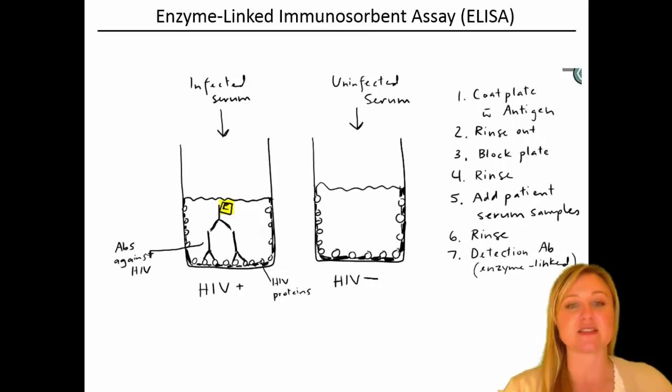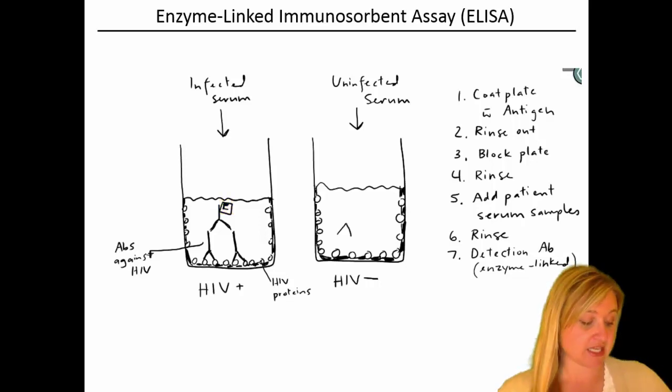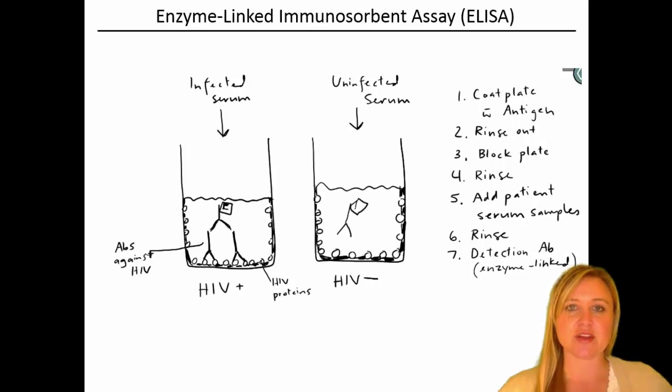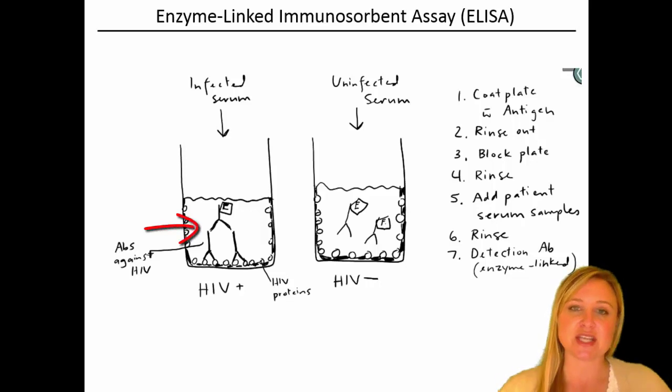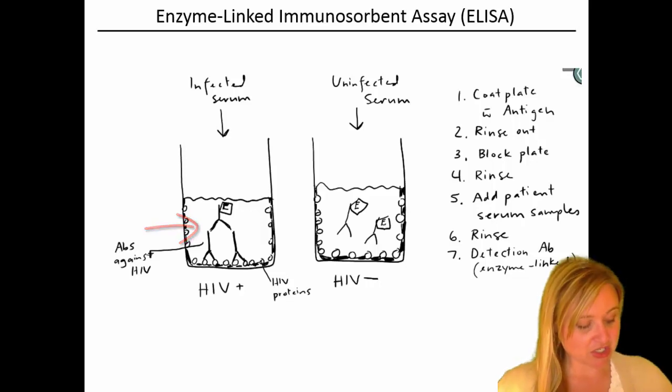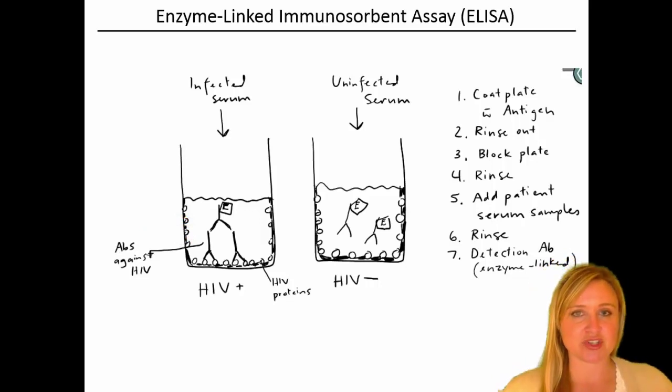It's enzyme-linked. So if the patient had antibodies against HIV in this case, they're going to be bound to the HIV antigens, and they're going to be immobilized in the plate. In this next step, when we add in our detection antibodies, if there is an antibody there, our detection antibodies are also going to bind to that antibody, because our detection antibodies bind to the Fc portion of human antibodies.